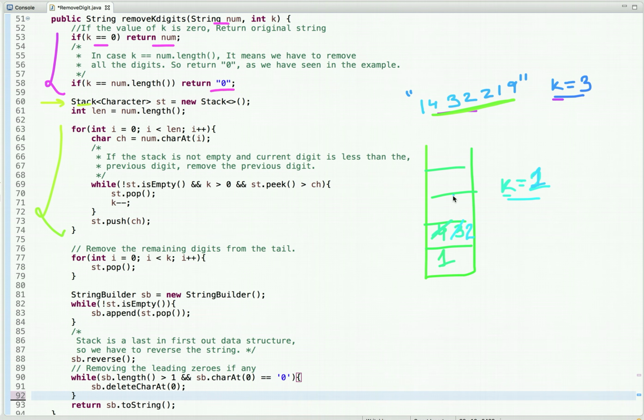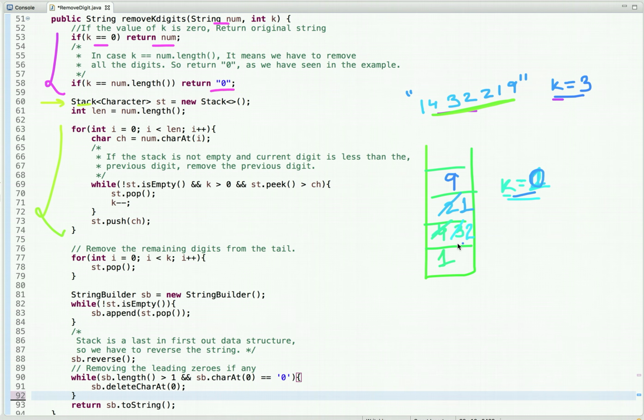The next number is 2, so simply push it. The next number is 1, so we have to pop the number from the stack and push 1 here, and decrement k. Now we don't have to delete any further digit. And the next number is 9, so let's push it in the stack.